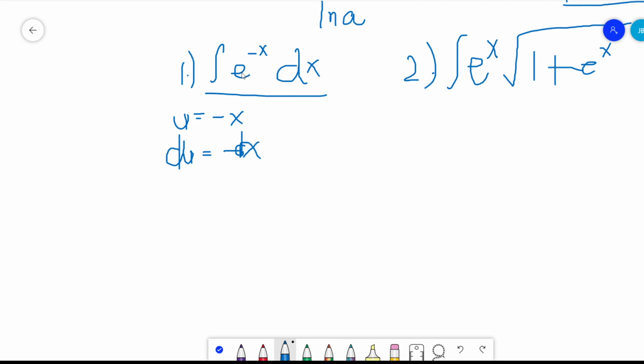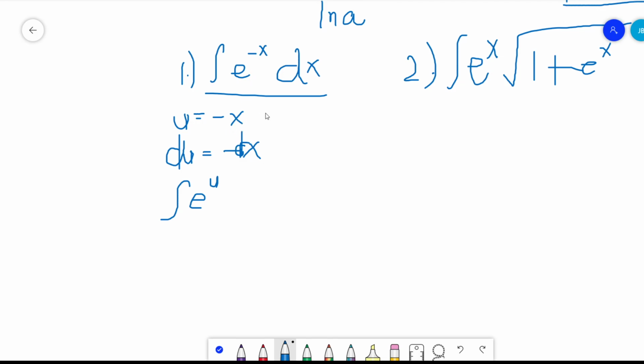Now, if it's in e^u du, then we can integrate that one. So what is the equivalent of dx? Step 2 is to change everything in terms of u. So you have e raised to u, where u is equivalent to negative x.